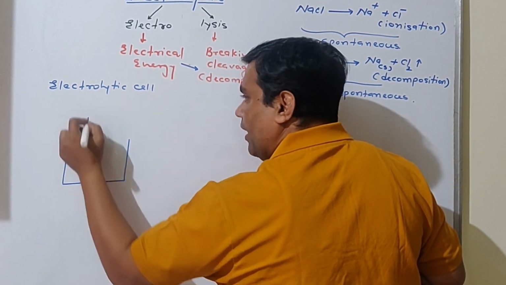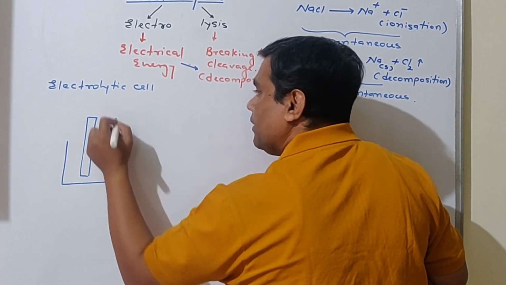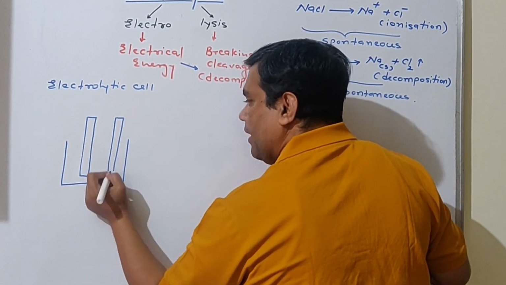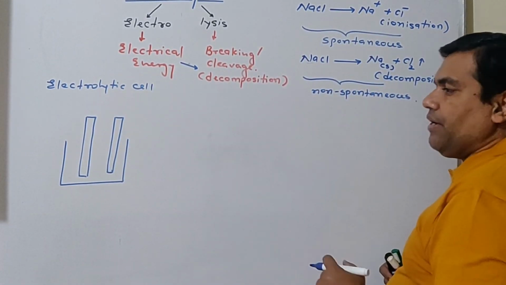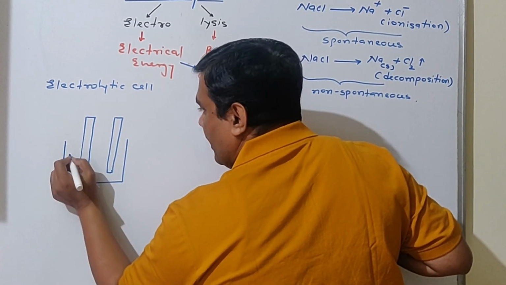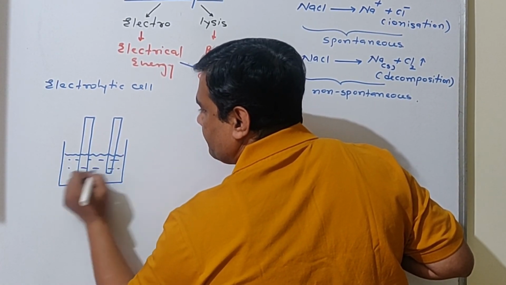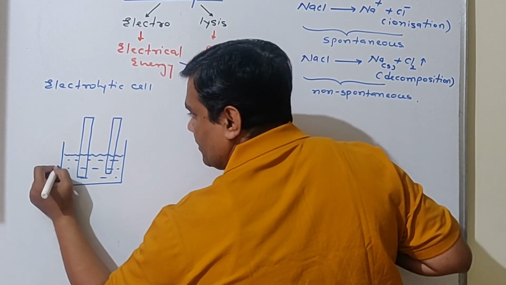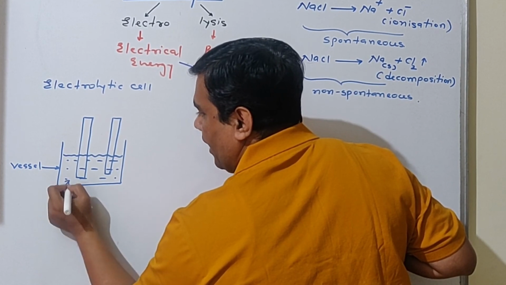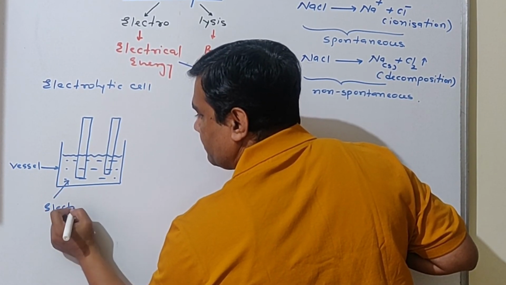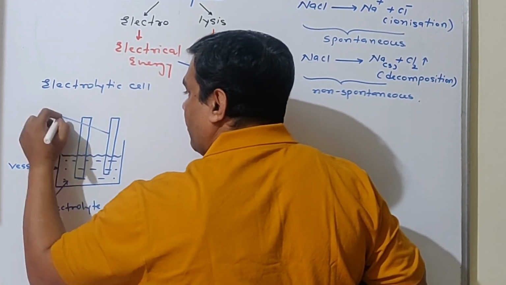It has two electrodes, which can be platinum electrodes or certain metals like that, and it also contains an electrolyte. So it contains a vessel, an electrolyte, and electrodes.